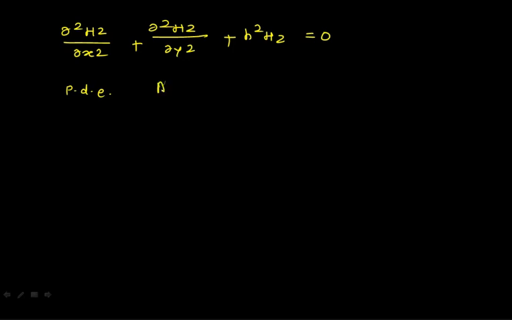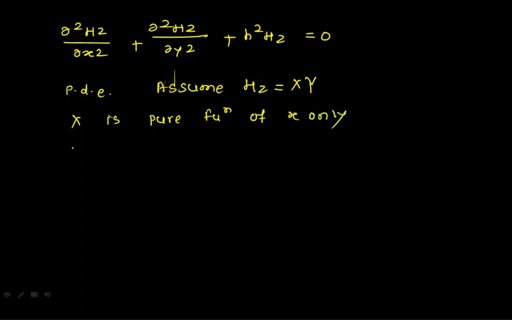So we are going to assume Hz is equal to XY, where X is a pure function of x only, and Y is a pure function of y only. So you just put all these values which we have seen.